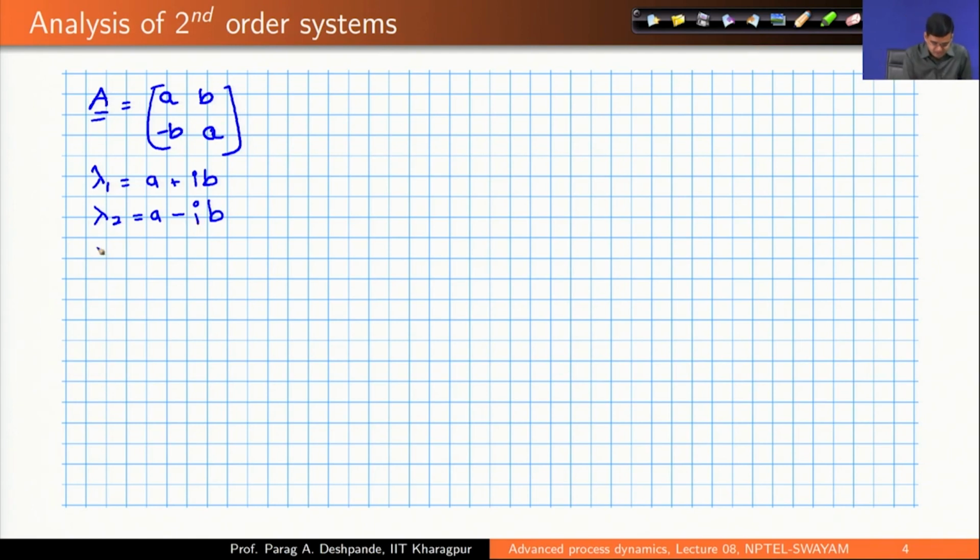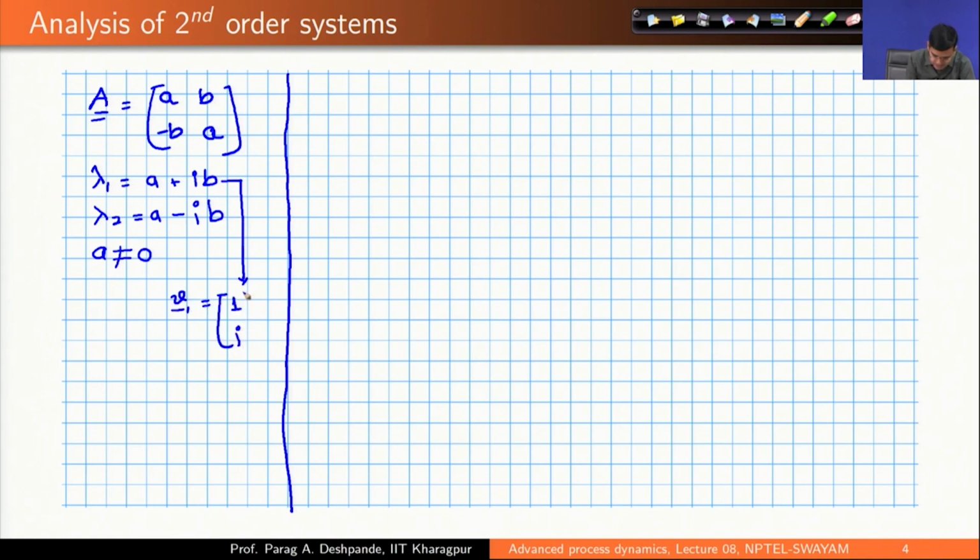a cannot be 0. So, let me emphasize that a is not equal to 0. So, what is going to happen to the solution? The solution would be something like this. Let us consider the first case, the eigenvector is the same, which is [1 i]. Please work out yourself to convince yourself that this is the eigenvector that you would get.